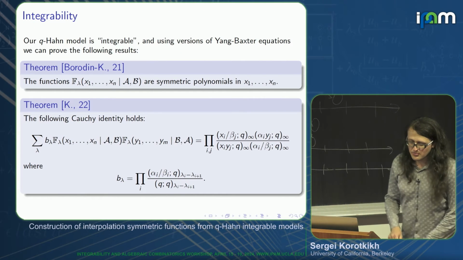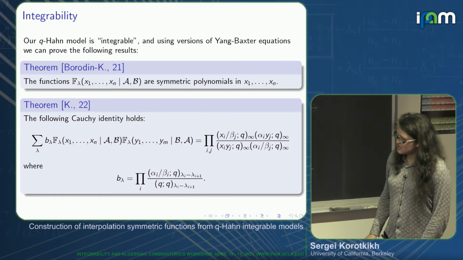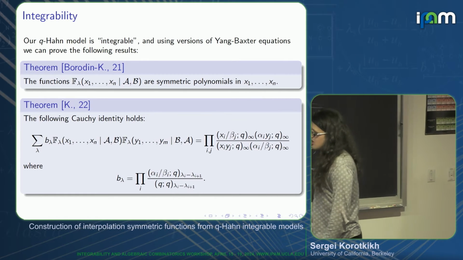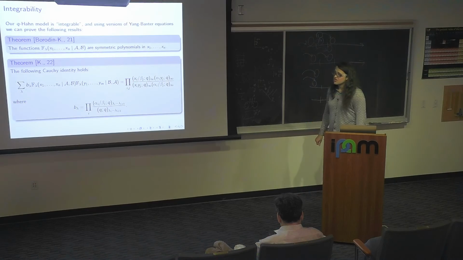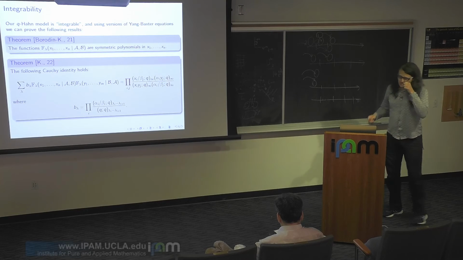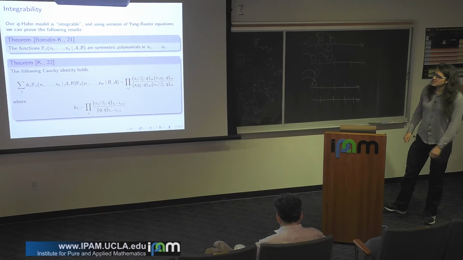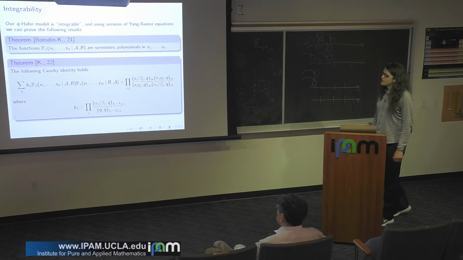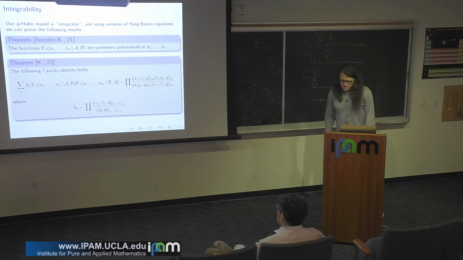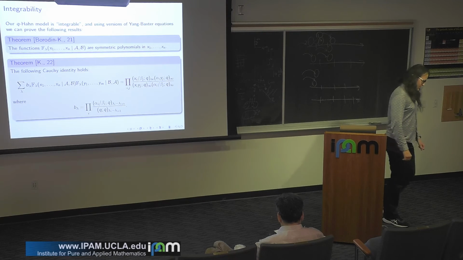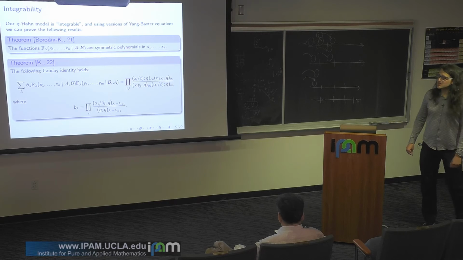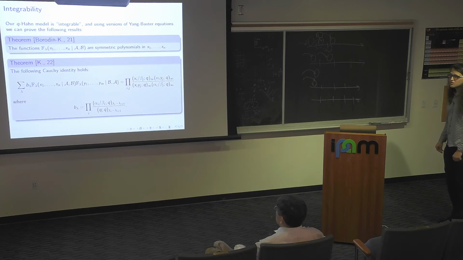This is something I will be talking about more, probably in the last part of the talk. But it turns out that the model which I have defined in terms of all these parameters, alpha, beta, and x, is so-called integrable, where for my purposes, by integrable, I mean that there are certain families of Yang-Baxter equations which can be found inside this model.